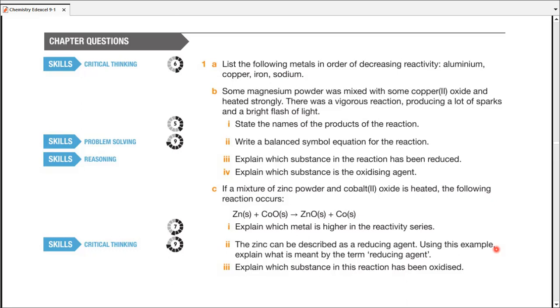Decreasing reactivity: sodium most reactive, and copper being least reactive.